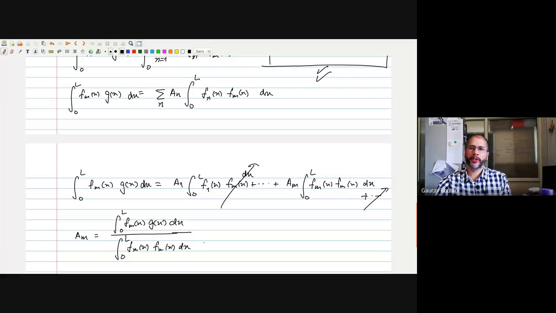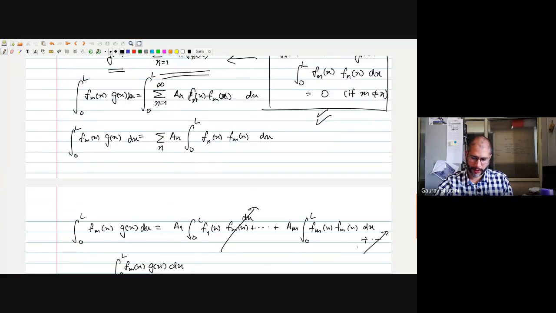Remember that the domain size is known to us, the function g(x) is known to us, and these f_m(x)'s are also known to us. What we're trying to find are the coefficients a_n. This expression helps us find one coefficient, and you can put different values of m here, integrate the right-hand side, and get the values of the coefficients. This is our brief discussion on functional analysis.